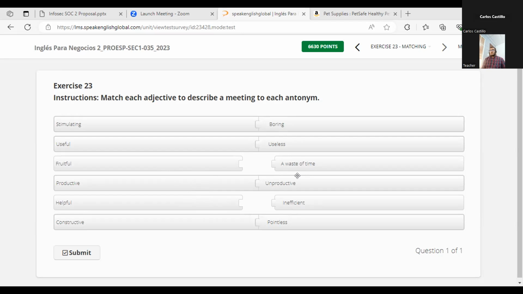Stimulating. Useful, useless, productive, unproductive, helpful. It looks good to me. Hold on.